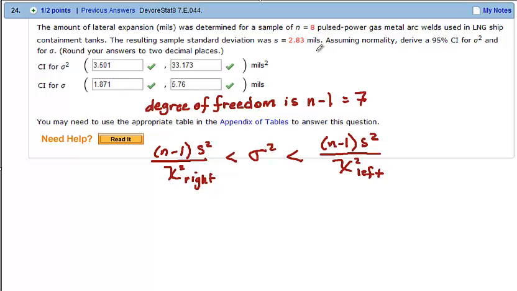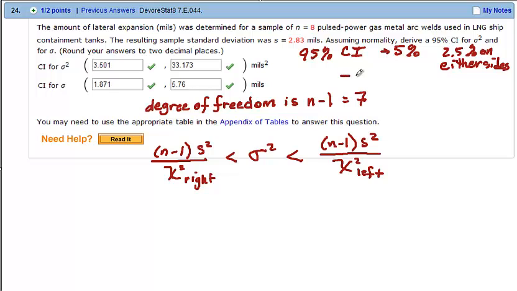Something else you have to know is you have to be able to look up on your tables what your chi-squared value is. So for a 95% confidence interval, which is what we have, that means we have 5% to go either way on either side of that mean, which means I basically have 2.5% on either side, right?